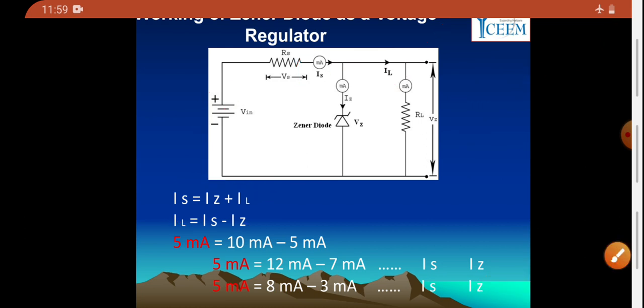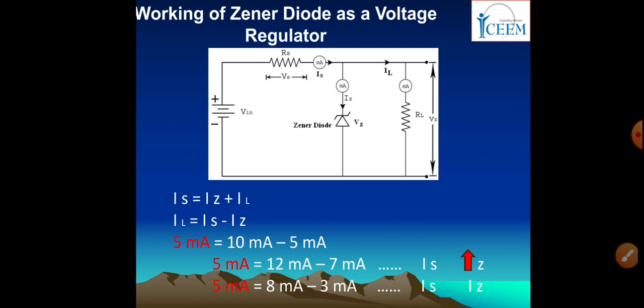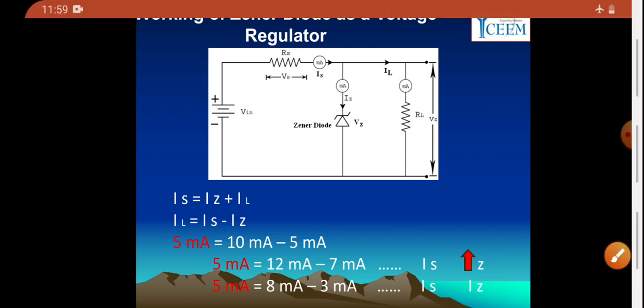Now suppose IL is initially 5 milliampere. So IL is 5 milliampere, so Is minus Iz, that means 10 milliampere minus 5 milliampere. This is one example, so that IL is 5 milliampere.